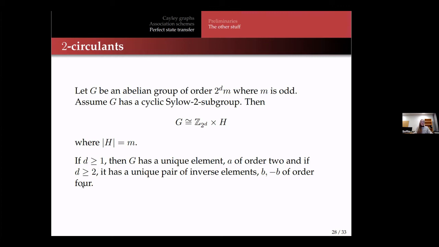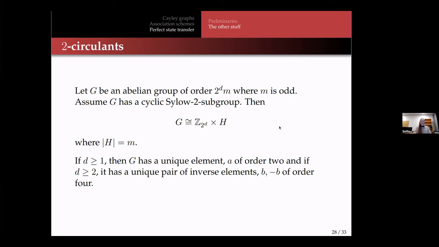And then if D is at least 2, then we also have a unique pair of inverse elements of order 4, and we're going to call those B and minus B. Because it's a group, we're going to think of it as additive.